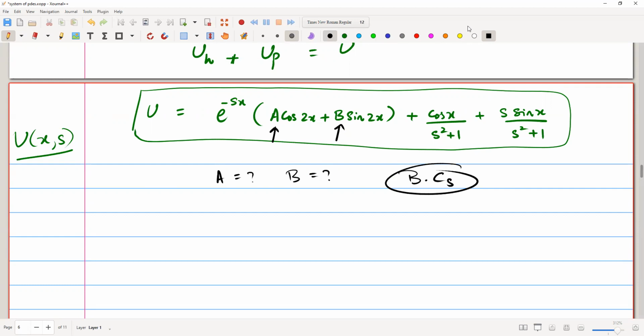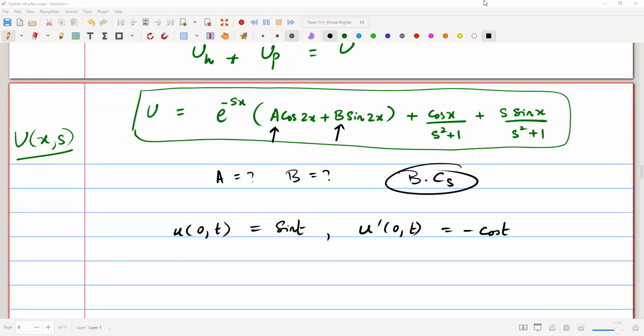But we can assume any boundary conditions here, or take different types of boundary conditions, and we will get different solutions for these constants a and b. So let us consider that u(0,t) = sin t, and u_x(0,t) = -cos t, right?